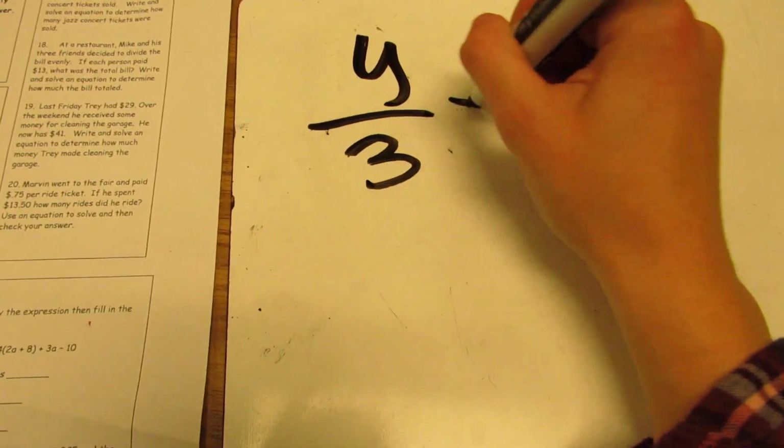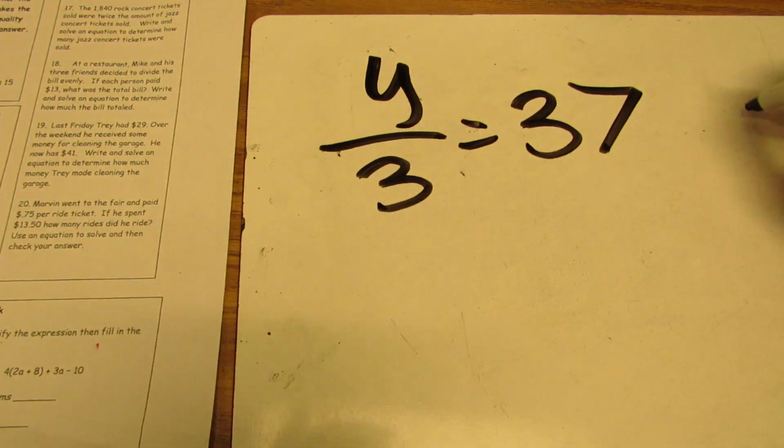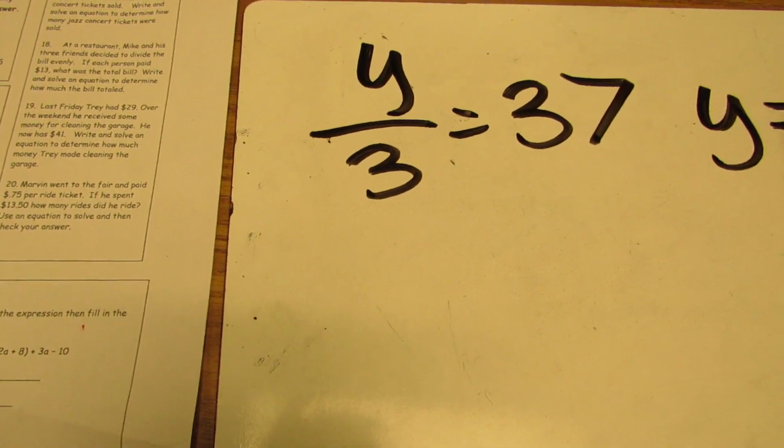Okay, so I'm going to move on to, let's see, let's do, I guess we could do 11. Let's look at 11. Y over 3 is equal to 37 if y is equal to 111.